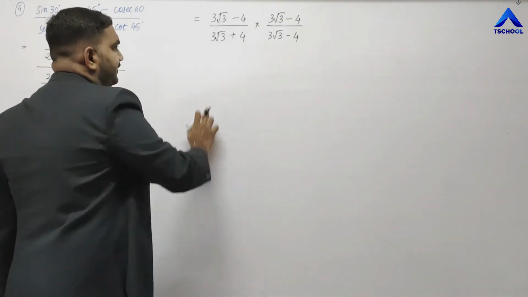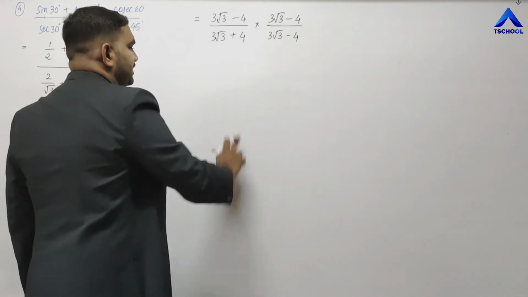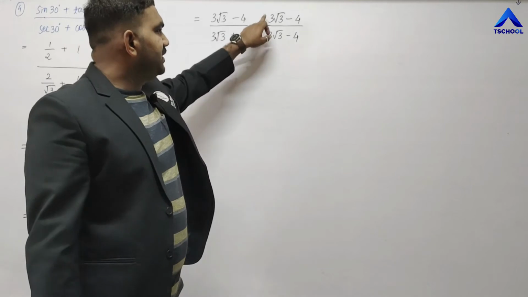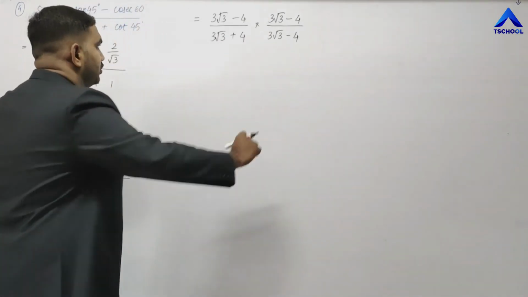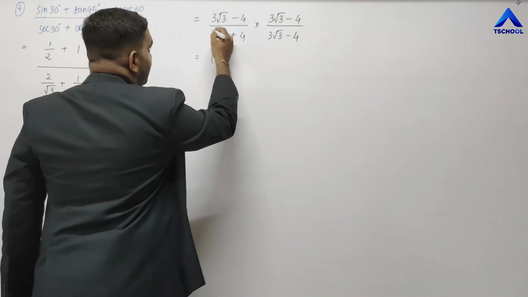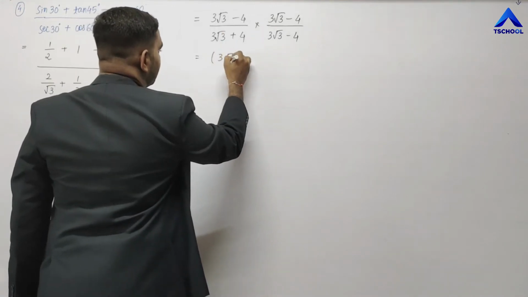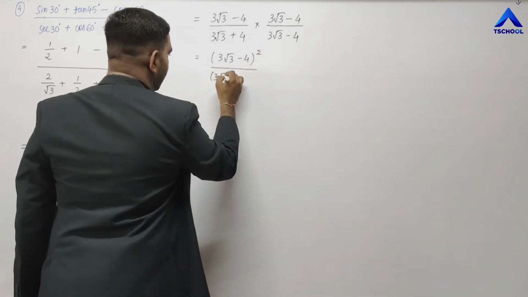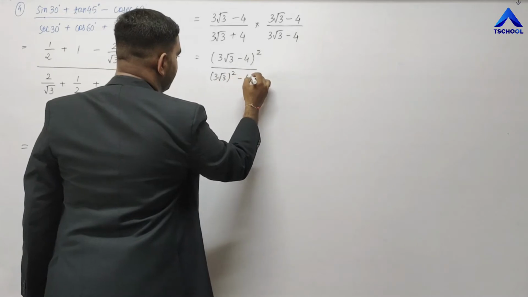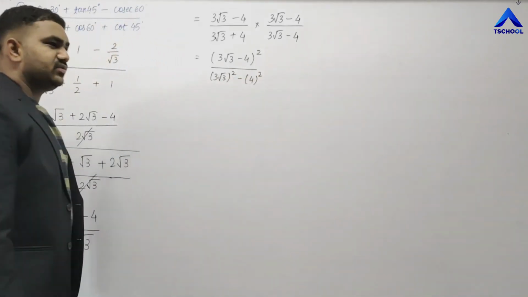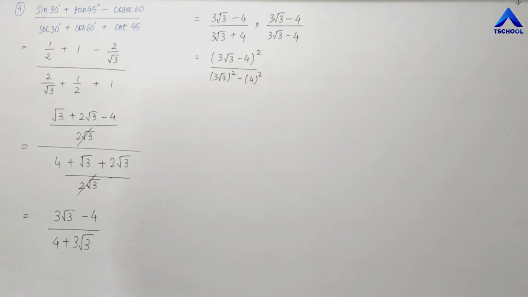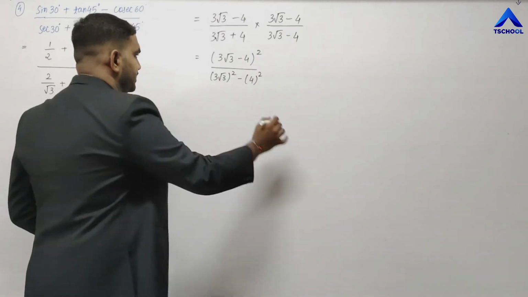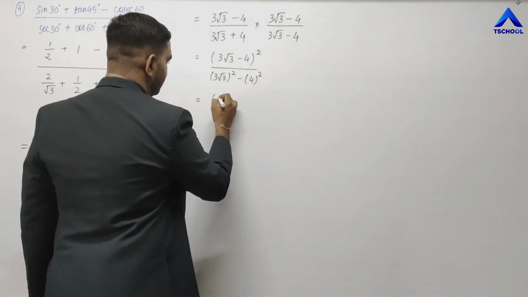So the rationalizing factor of this is 3 root 3 minus 4, and that is multiplied in numerator and denominator both, and that is equal to, in the numerator we are having the same terms, (3 root 3 minus 4) whole square, whole divided by (a minus b) into (a plus b). So that is a square minus b square.